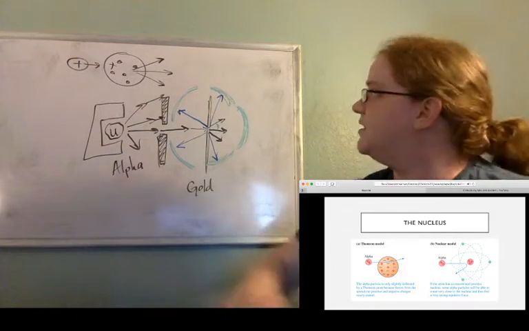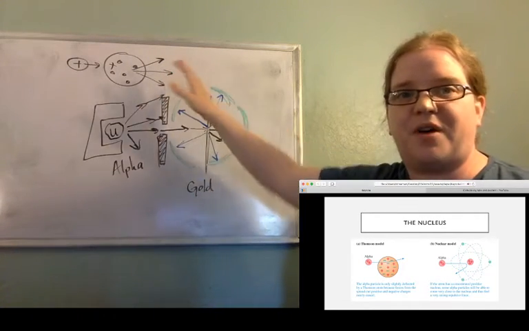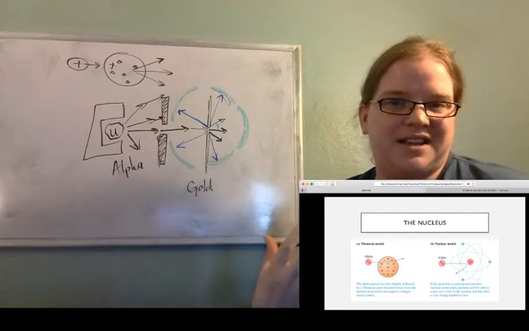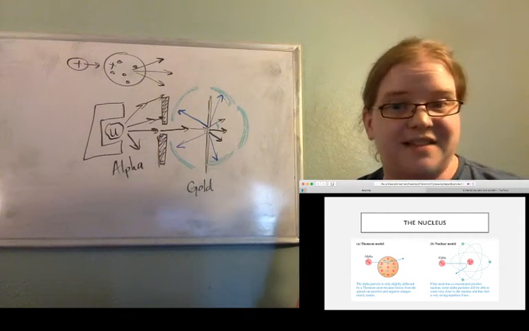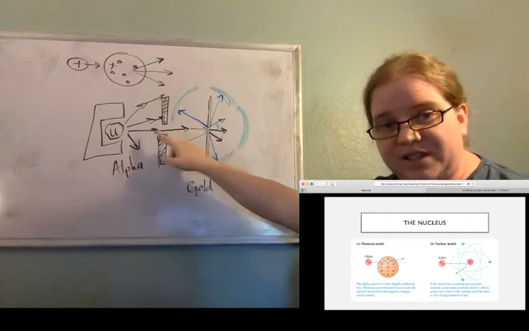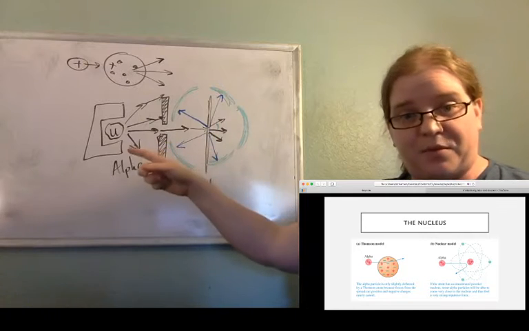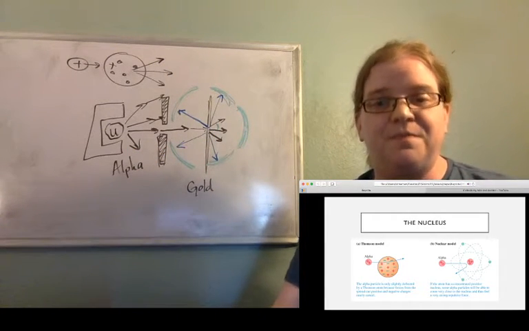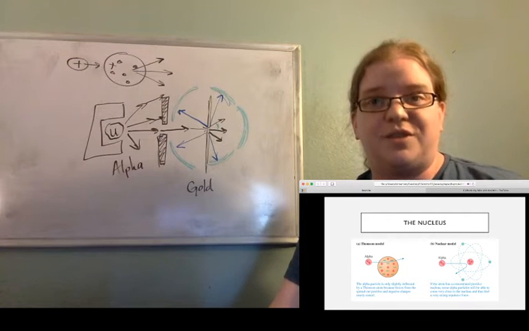On the left here is what I was showing you guys with the Thomson model. A lot of those positives and negatives, their influence kind of cancels out. You don't really see a big effect. But we do see big effects. We see an alpha particle come in and bounce backwards. And so the model that replaces the Thomson model is the Rutherford model for the nucleus.